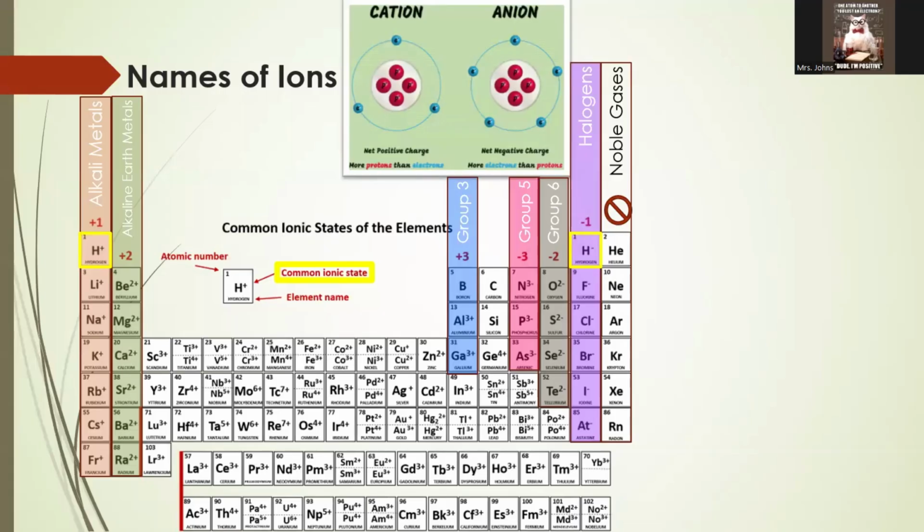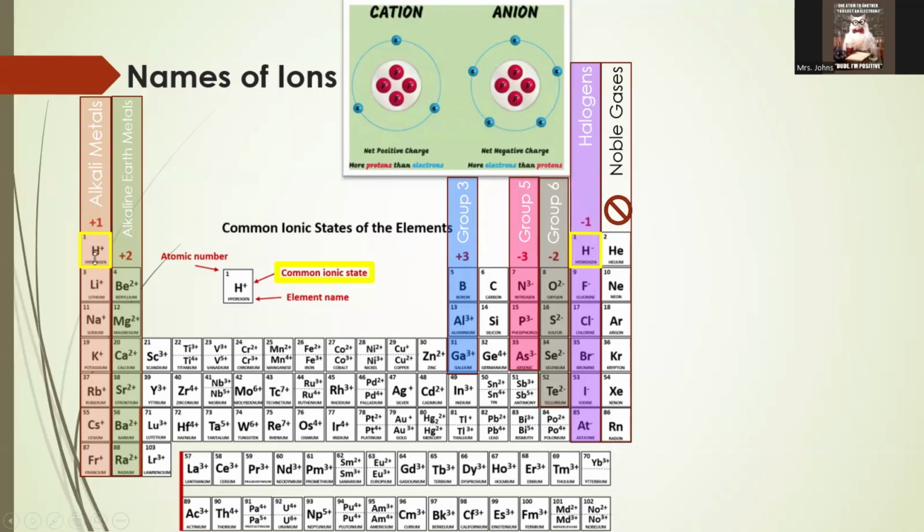Now, this next slide is a little bit different kind of periodic chart than what we've looked at so far. This one tells the ions, or the charged atoms, that all the atoms on the periodic chart like to make. We have our group 1 elements, known as the alkali metals.